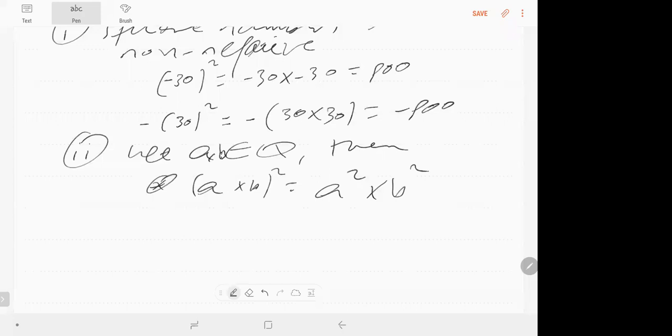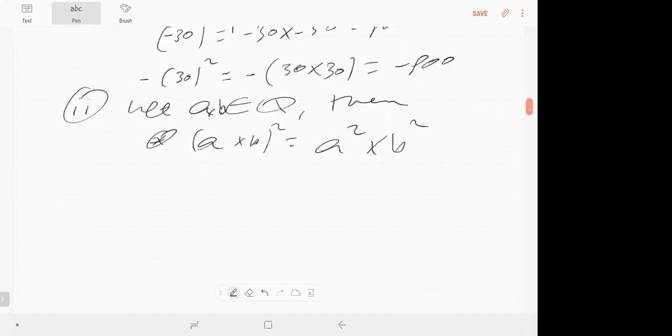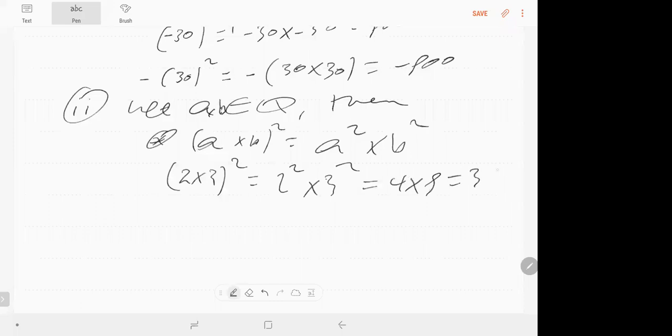So this is another basic property. If you consider an example, (2 times 3) squared is equal to 2 squared times 3 squared, which is equal to 4 times 9, which is equal to 36.